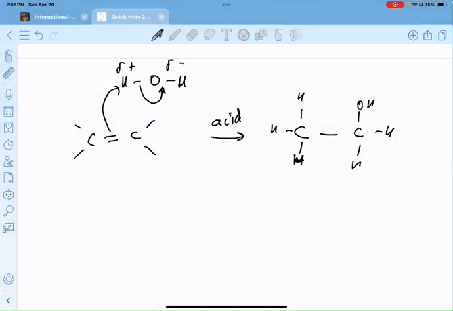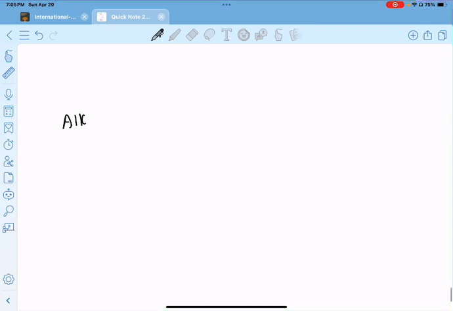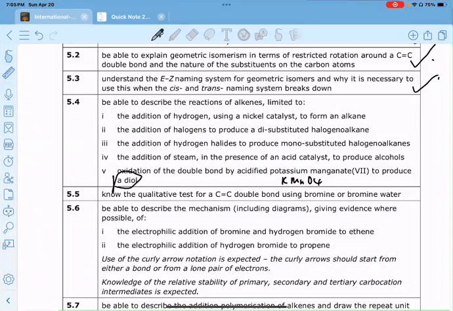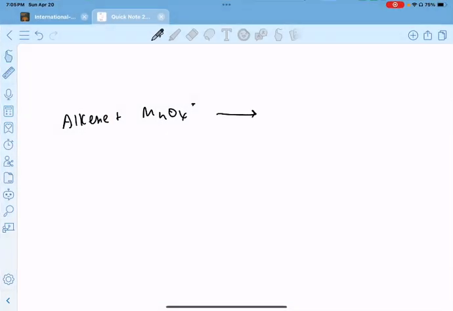When you add an alkene to the KMnO4, which has MnO4 minus, this is basically what oxidizes the alkene. You will form what we call a diol, okay? You'll form a diol. Let's take an example.